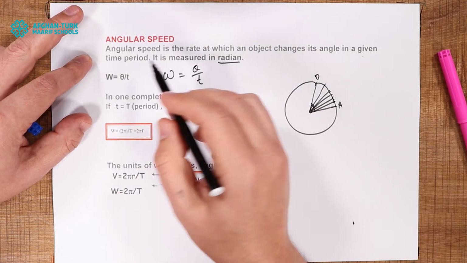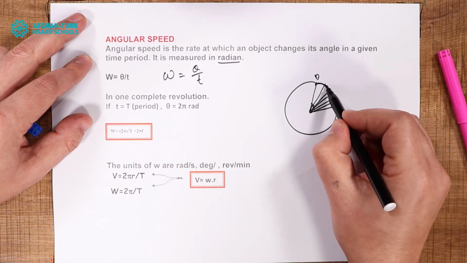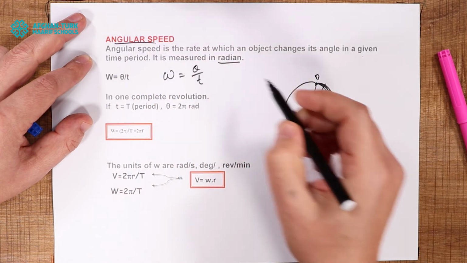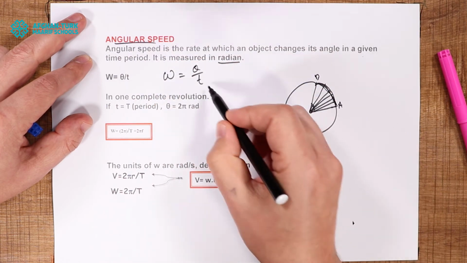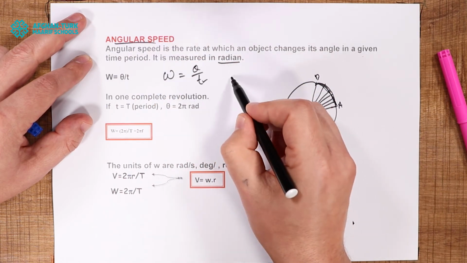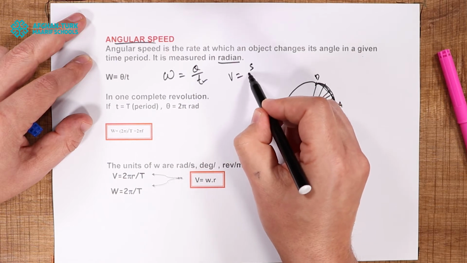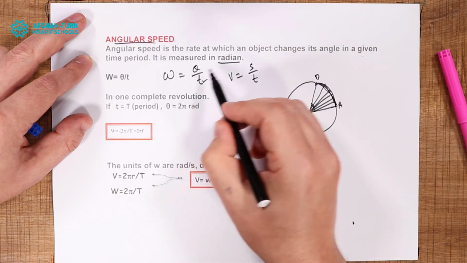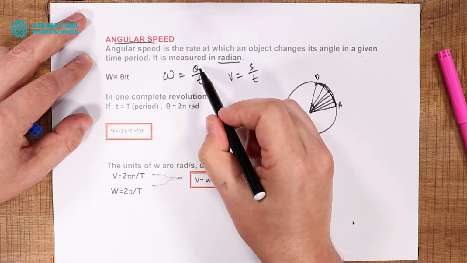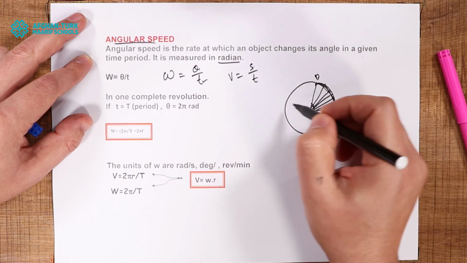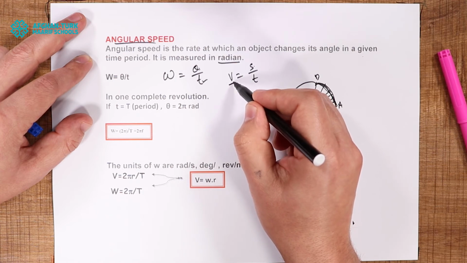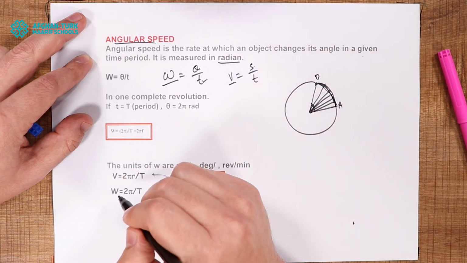In linear speed we put the arc value, but in angular speed we use theta. The time is the same: v equals S over T for linear or tangential speed, but here instead of S we use theta, this angle, and linear speed is denoted by v while this is denoted by omega.